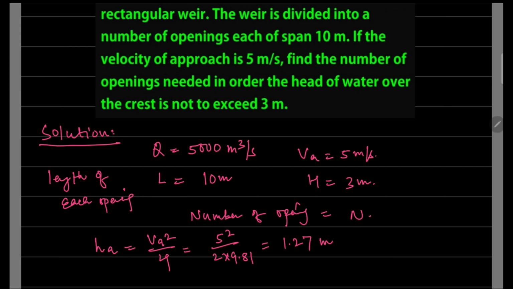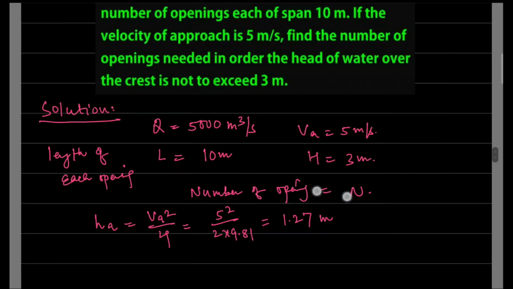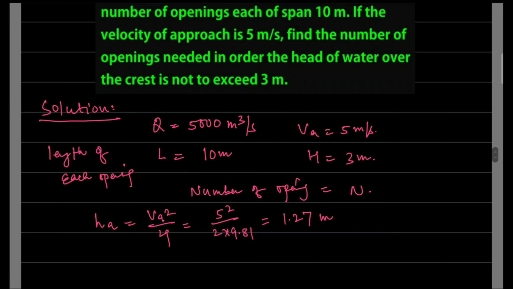Now there is an important point that for each opening the number of end contractions is 2. So for this problem, the discharge for each opening considering the velocity of approach can be given by the Francis formula.